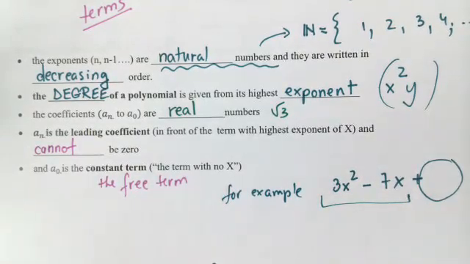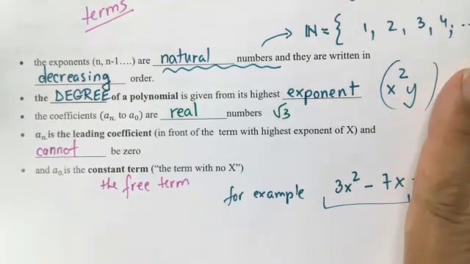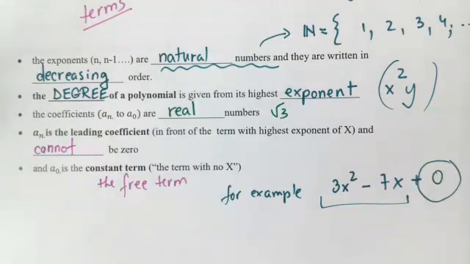What number? No, because if you add 1, you add 1, right? 0, that's right. If I add 0, I haven't really changed anything, right? So if you're asked what's the free term of this expression, the free term would be 0, the number 0. Because you can add it, you can leave it out, it doesn't matter. It's still the same polynomial expression.